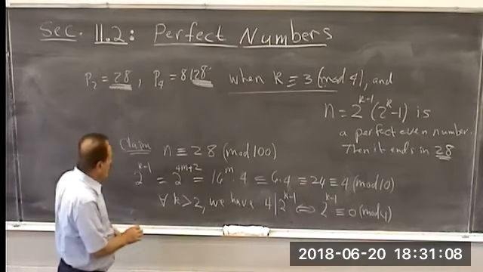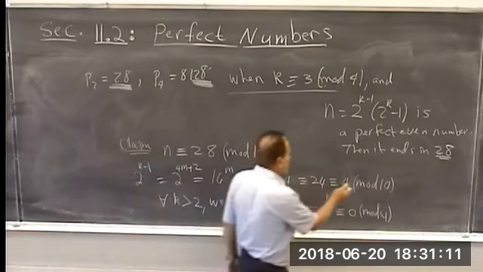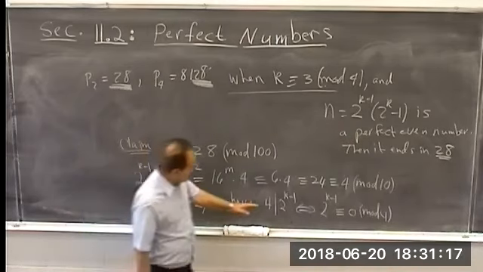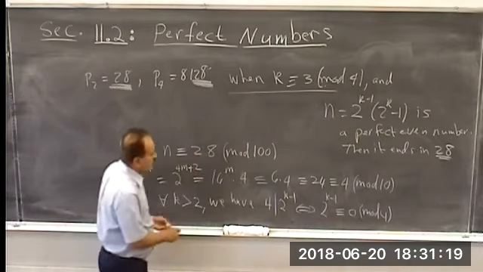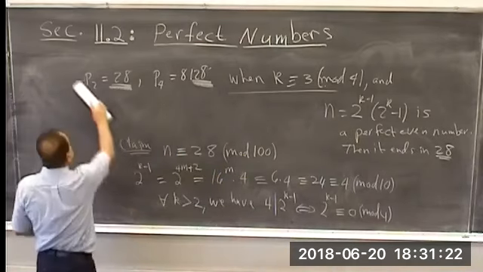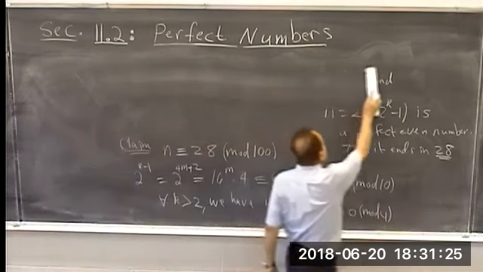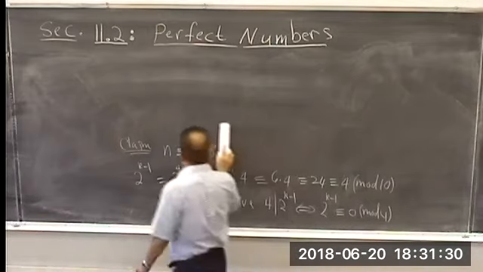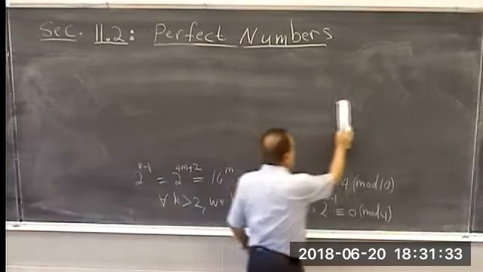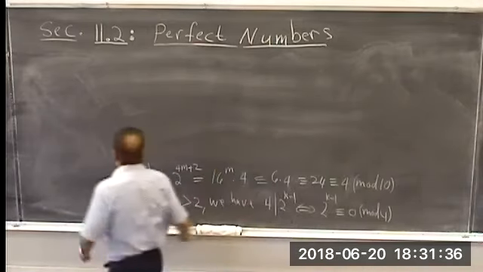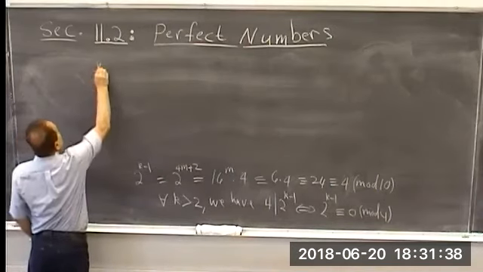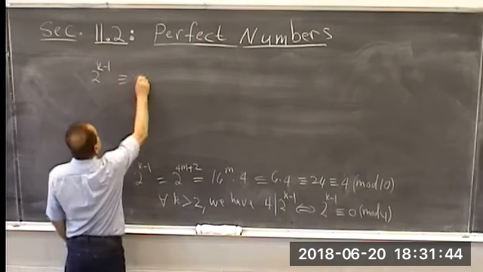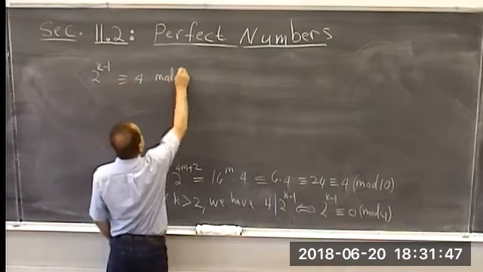So let's put it together. We have this congruence and this relation for every k bigger than or equal to 2. Of course, 4 is going to divide this, which is equivalent to that. So the first congruence implies that 2 to the power k minus 1 ends in 4, so 2 to the k minus 1 is congruent to 4 mod 10.